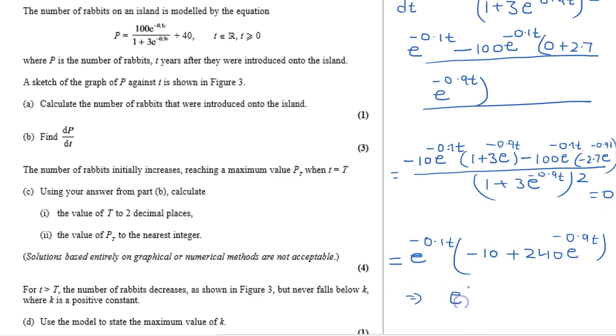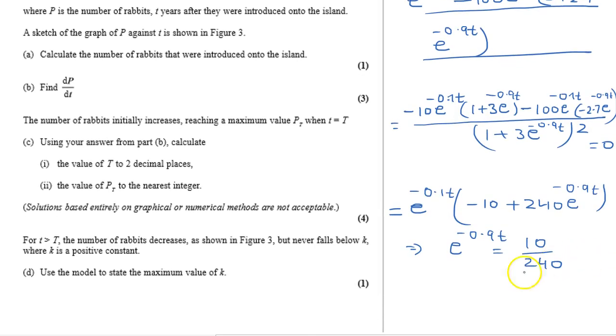So this implies that e to the power minus 0.9t is equal to 10 over 240, that is 1 over 24. So e to the power 0.9t is equal to 24. We have taken the reciprocal of both sides. So t will be 3.53.